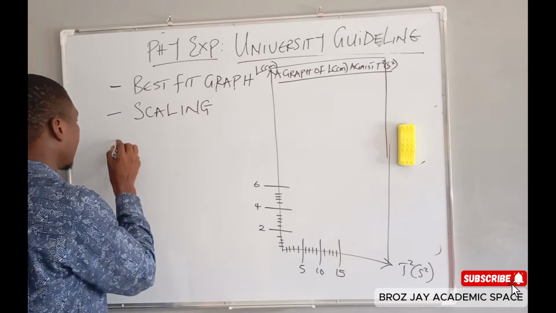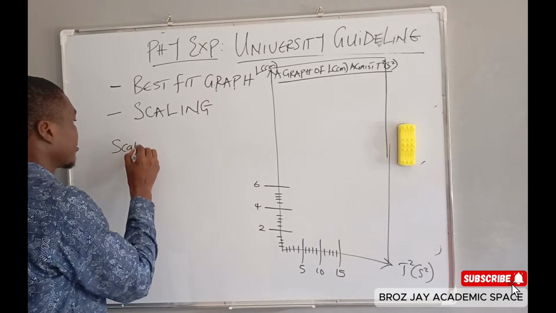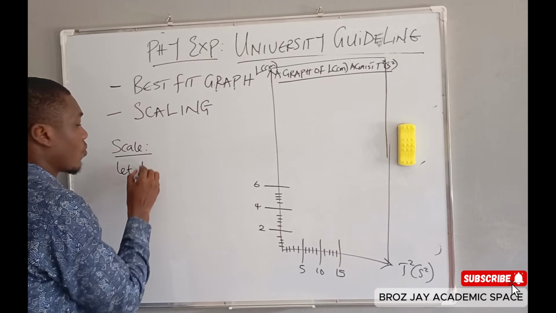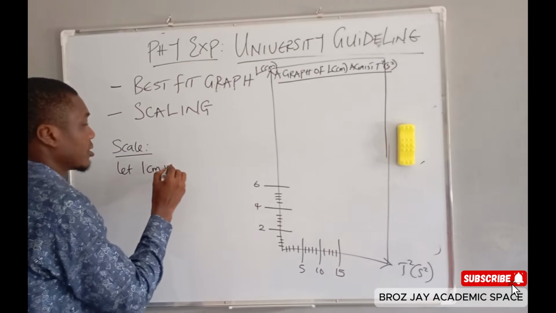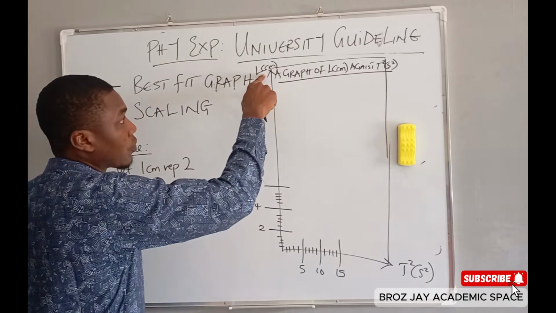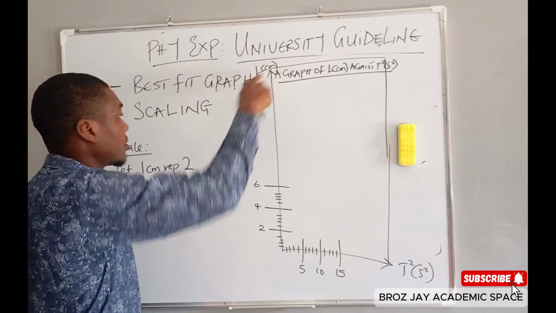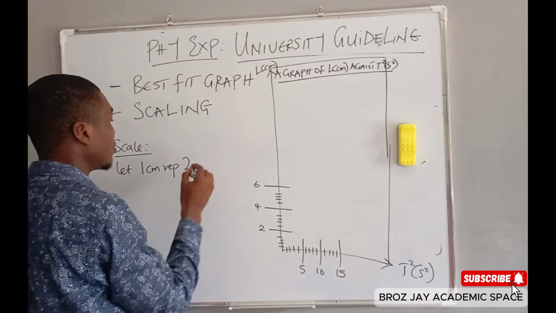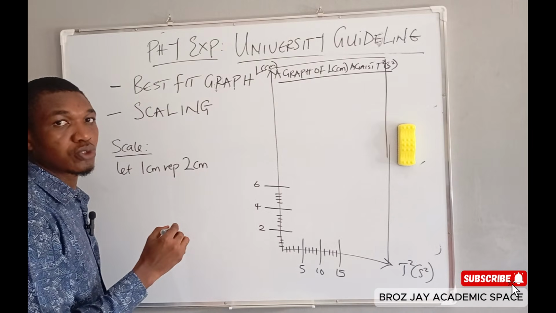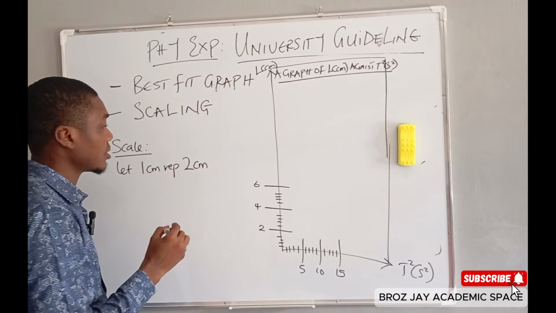Let's start. First of all, you write scale. Let 1 centimeter represent 2. Now, instead of putting units, the quantity has a unit. So you put 2 centimeter. It's not units, it's 2 centimeter.